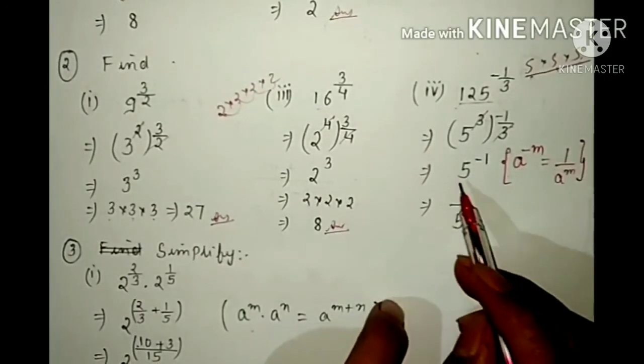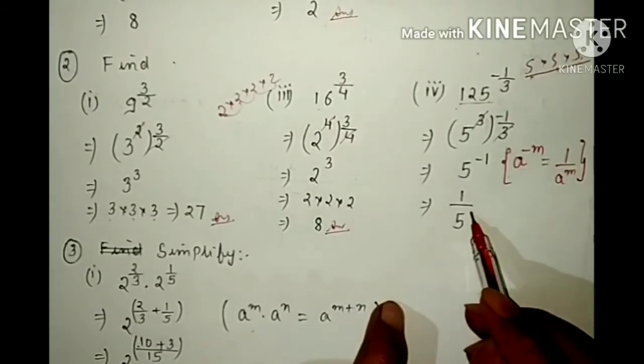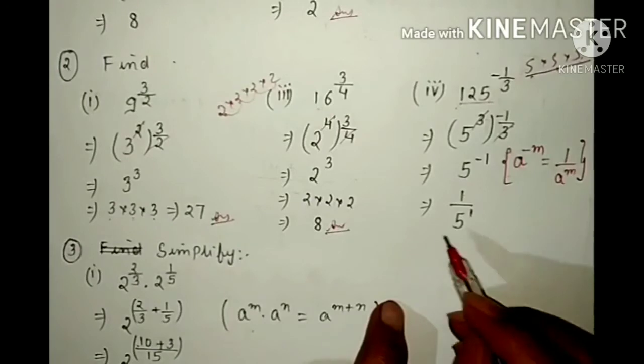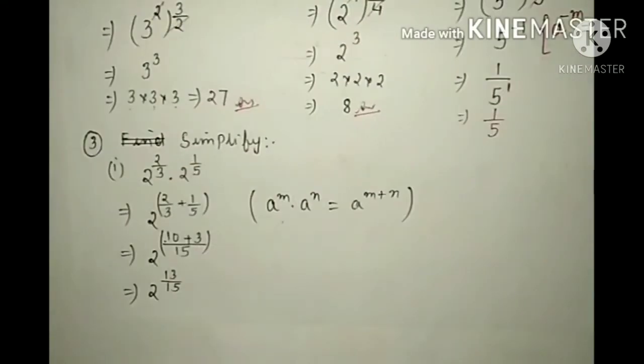So 5 की पावर -1 will become 1 upon 5 की पावर 1, which is equal to 1 upon 5. Now we will start the third question of our exercise 1.6.